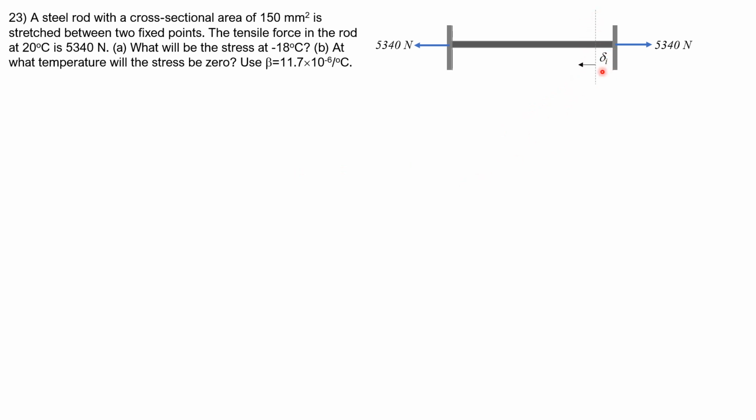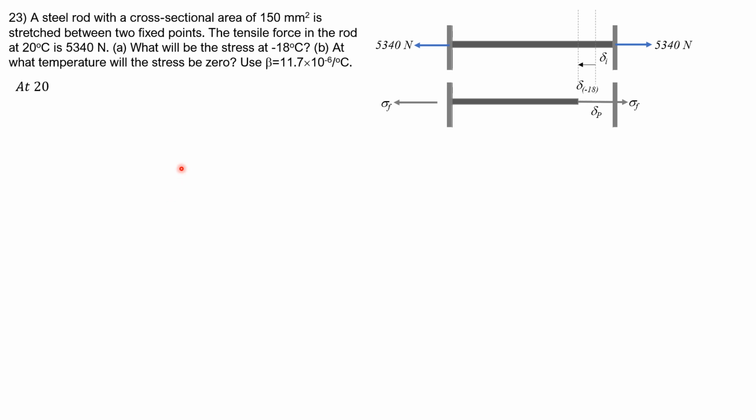So it should contract so that the stress, if it contracts, the stress will increase. So this is the final, and that is the deflection due to a drop from 20 degrees to negative 18 degrees Celsius. So from here, there's a need to stretch this, and the resulting stress is the final stress.